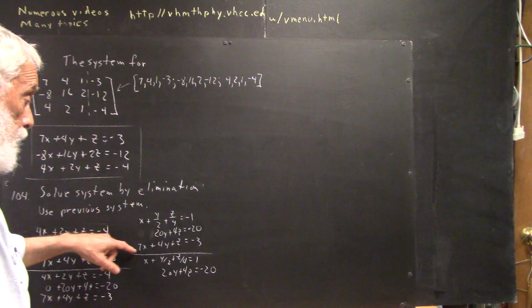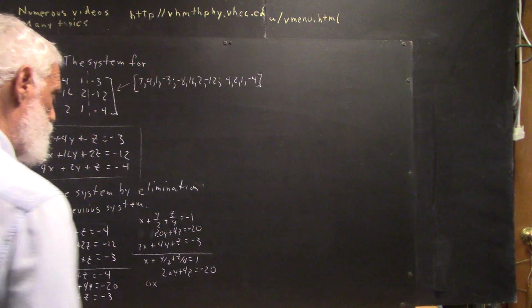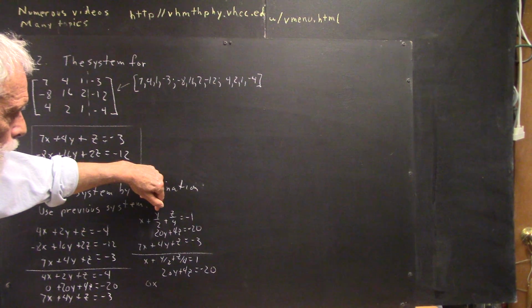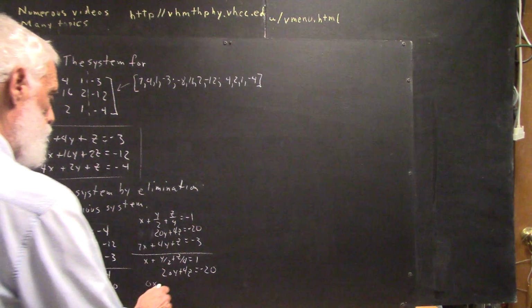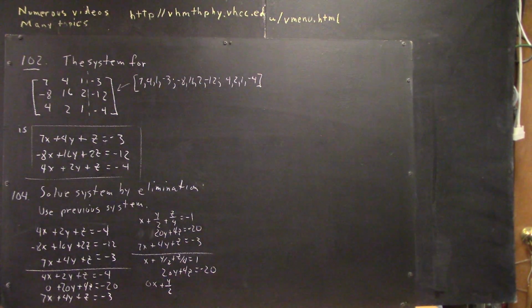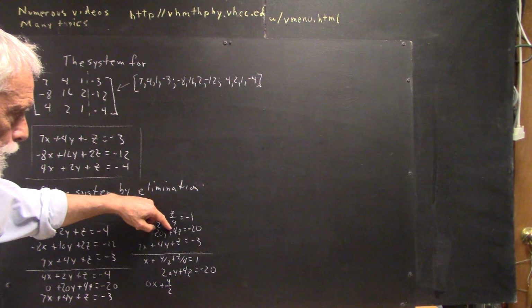That's going to give me a -7x added to 7x, so that I get 0x. Okay, -7 times y over 2 is -7 halves of y. This is 8 halves of y. It's going to give me 1/2 of y, so it's going to be y over 2. And -7 times this is -7z over 4.